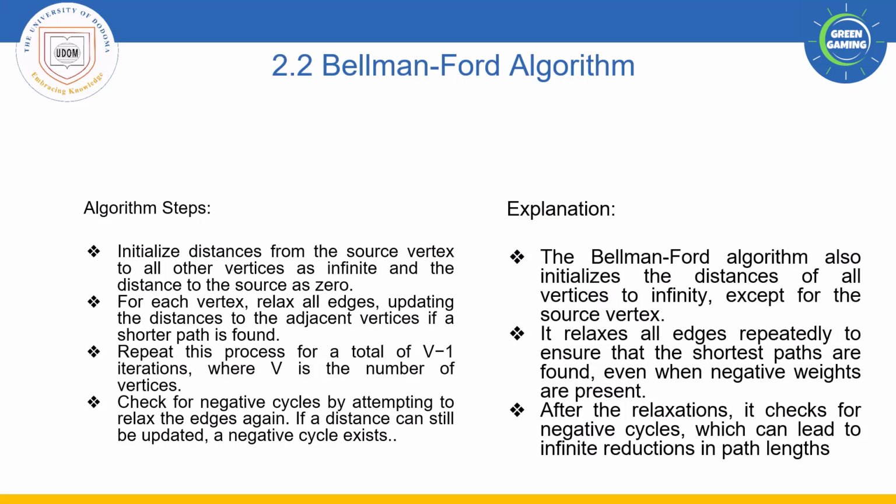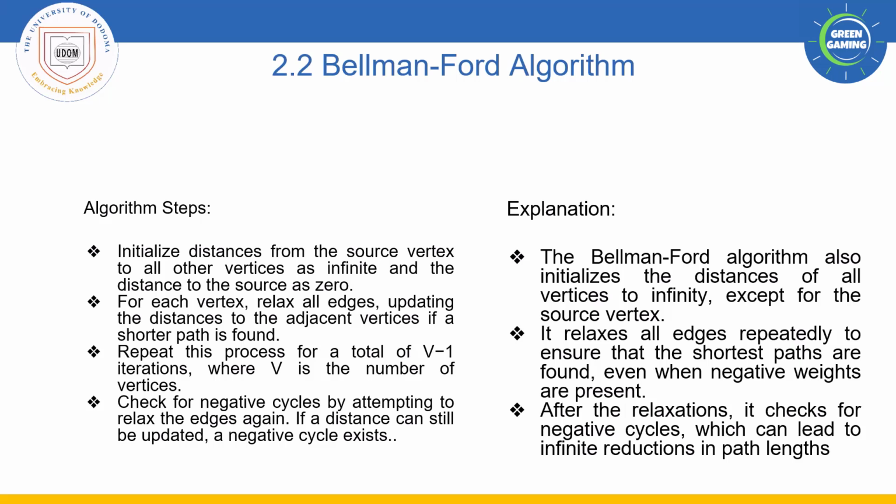We apply the relaxation mechanism, updating the distance to the adjacent vertex if a shorter path is found. Then we repeat this process for a total of V minus 1 iterations, where V is the number of vertices. Then we check for a negative cycle by attempting to relax the edges again. If the distance can still be updated, a negative cycle exists.